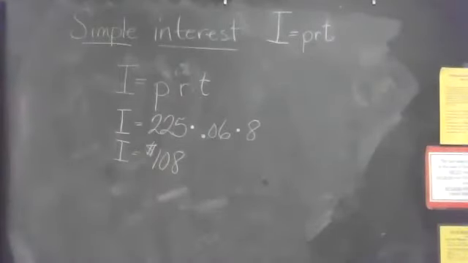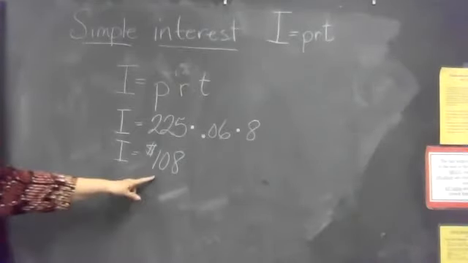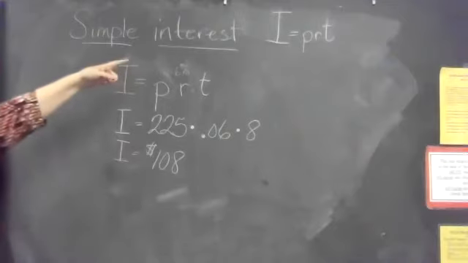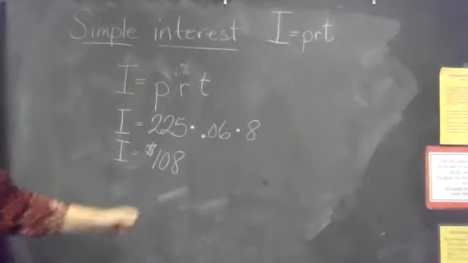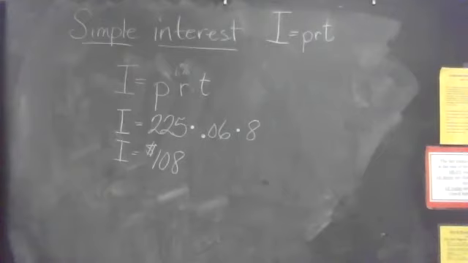Now I want you guys to stop and think a minute. Is this how much you're going to pay the bank back? You borrowed 225, but you only have to pay 108 back? No, that is the interest, and not per month. The interest is added on to what you borrowed, because when you borrow from a bank and they charge interest, the interest is you paying them for letting you borrow their money.